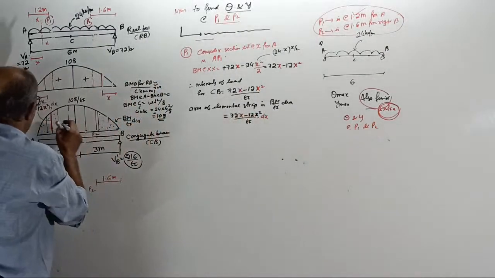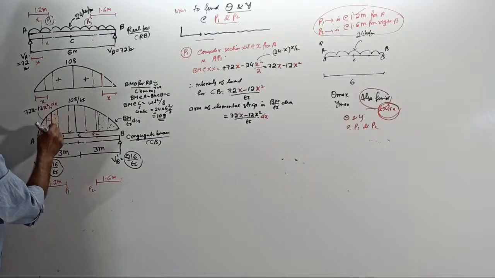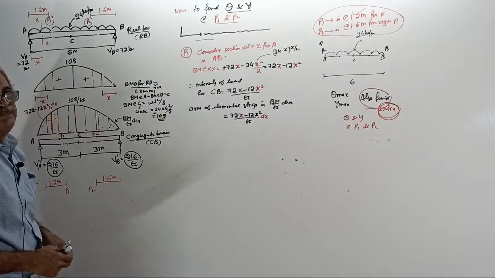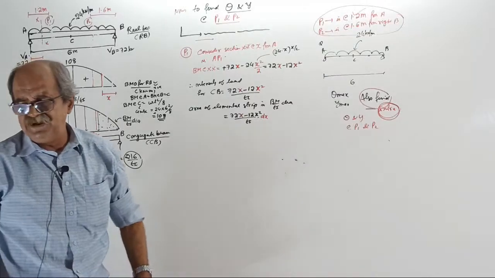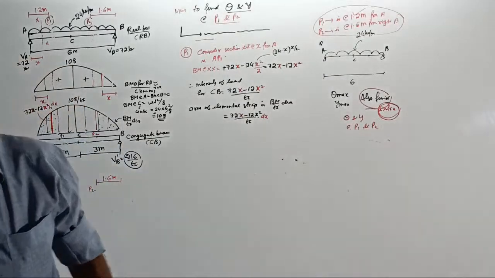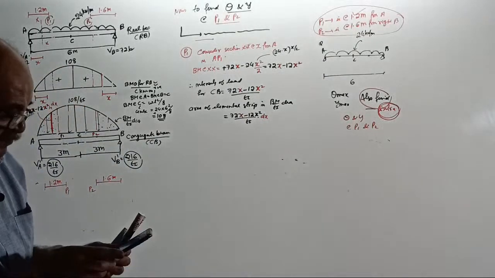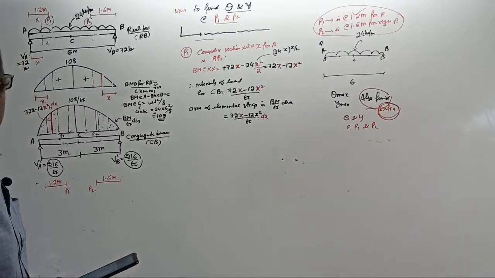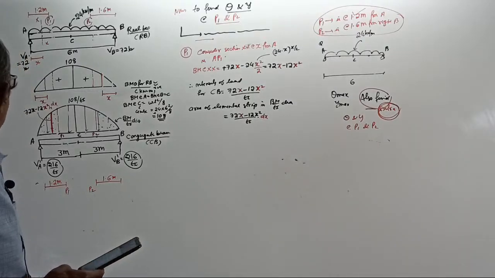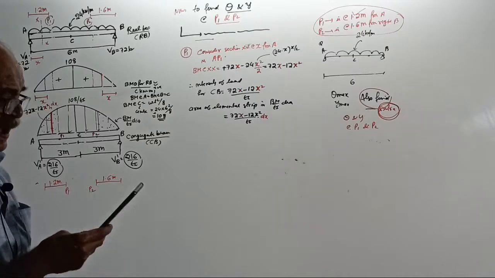This is the area of the strip. Is this clear? The area of the strip is 72x minus 12x square dx.